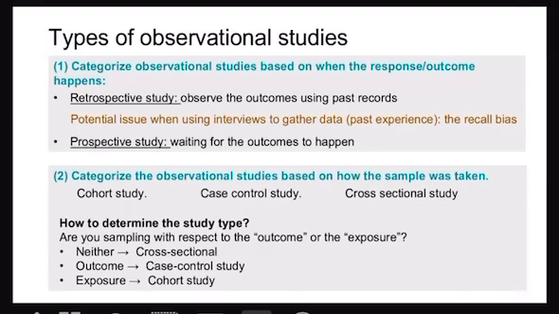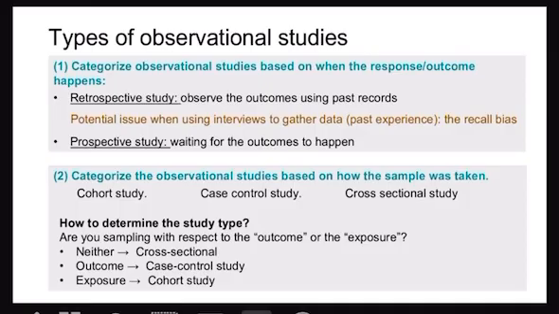Taking sample will be involved from the target population. You've identified a population of interest and you choose a sample. So the way you choose your sample matters. So for me to be able to discuss the type of observational studies, I have to put into consideration the way that I sample.